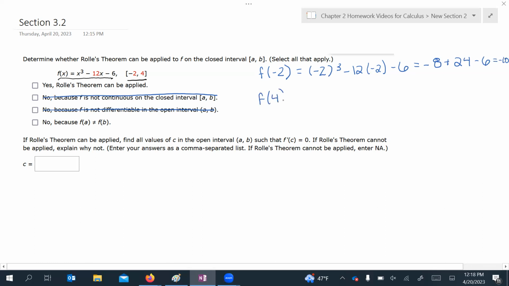And then f of 4, which is equivalent to my f of b, is going to be 4 to the third minus 12 times 4 minus 6. 4 to the third, we have 64 minus 48 minus 6.